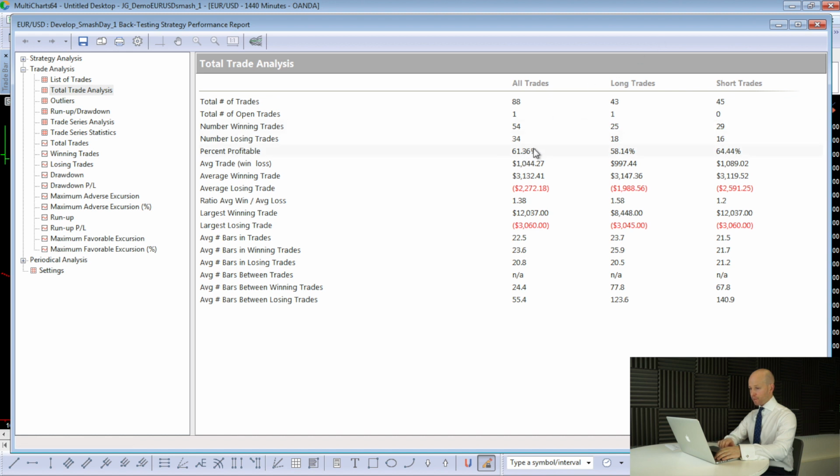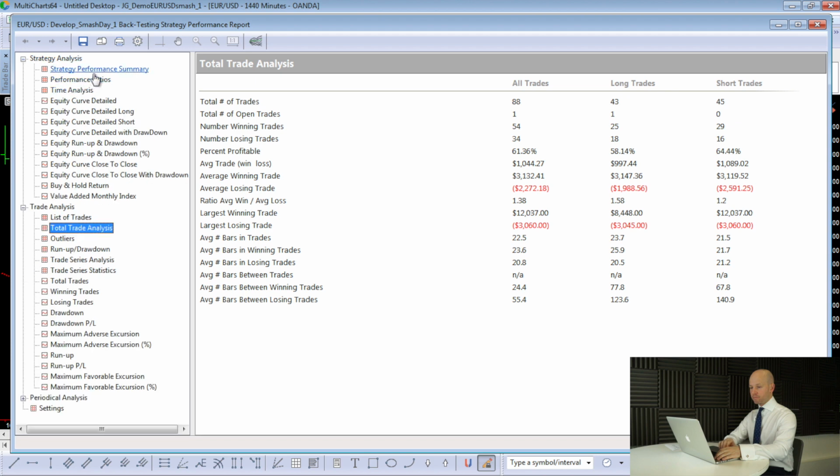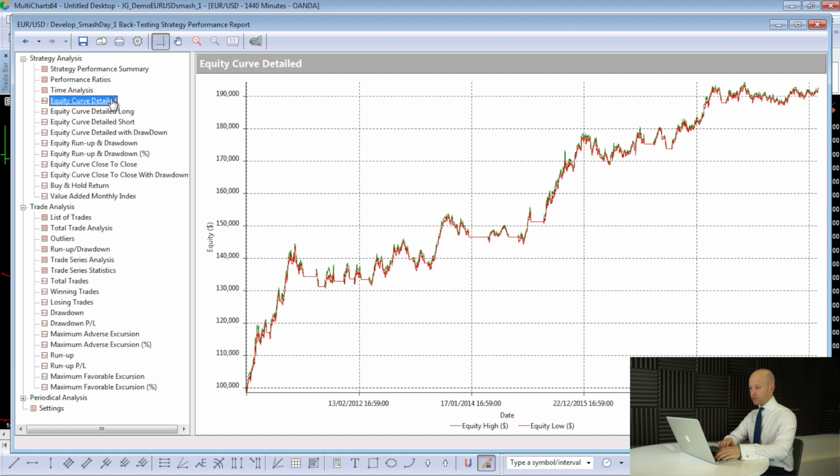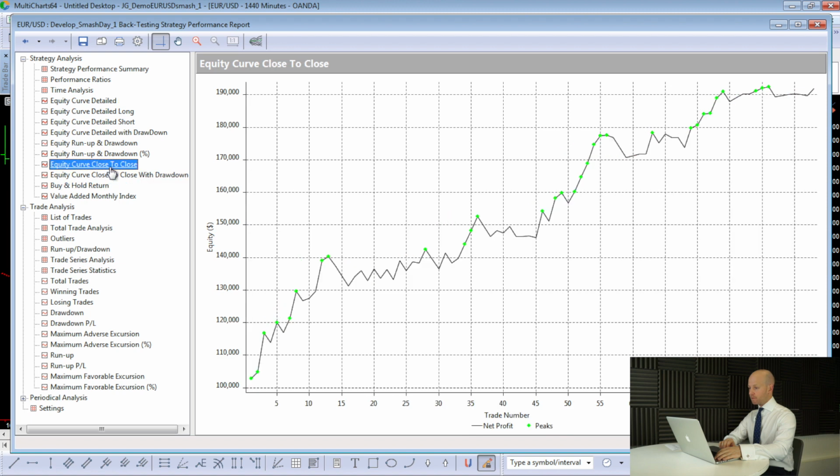Percent profitable's gone up, average trade's gone up. We know that the net profit has gone up because we saw that in the optimization. And the equity curve is much nicer. That's really quite a nice equity curve, isn't it? Looking at the close to close new highs, that's pretty good.